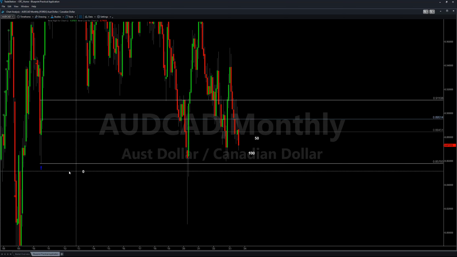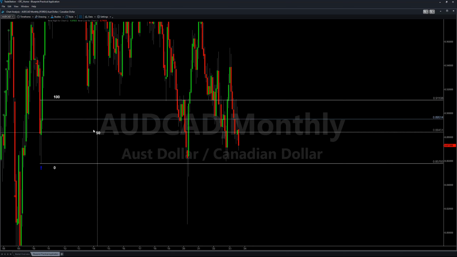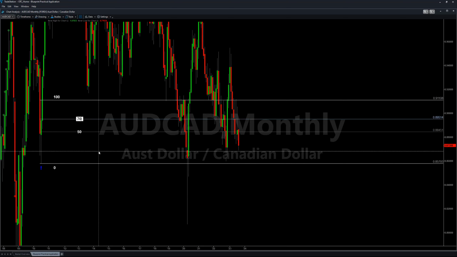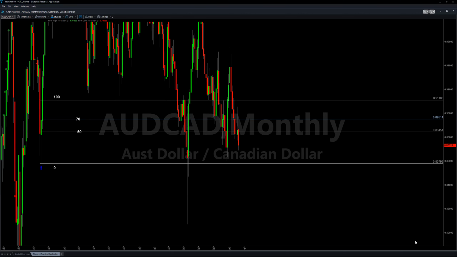That is 0, that is 100, this is 50, and this is 70. That is the full range of the candle, right? And now let's check the body of the range.